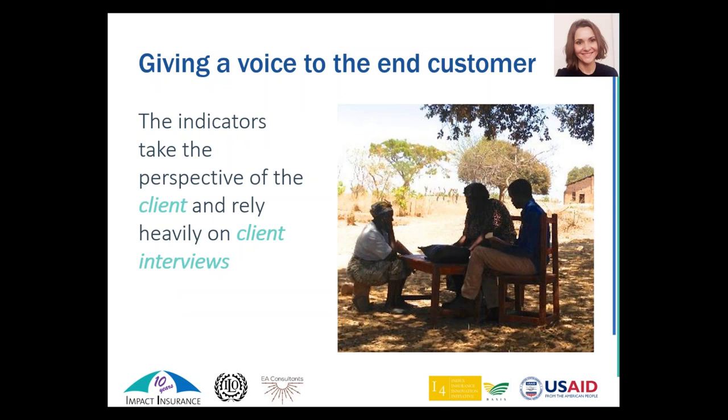So I just touched on something that I think is particularly important and quite unique about this tool, which is that not only does it assess client value, but it also takes the perspective of the client. This means that conducting a client value assessment using the 3D tool will involve going to the places where the product is distributed and actually talking to the end customers to get their insights.